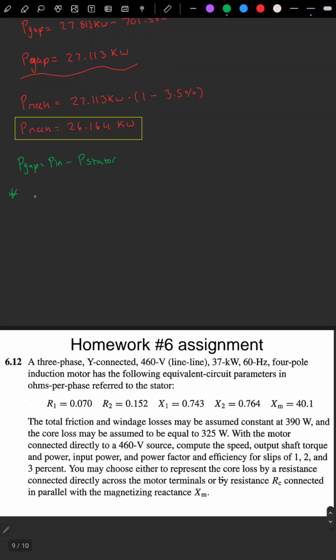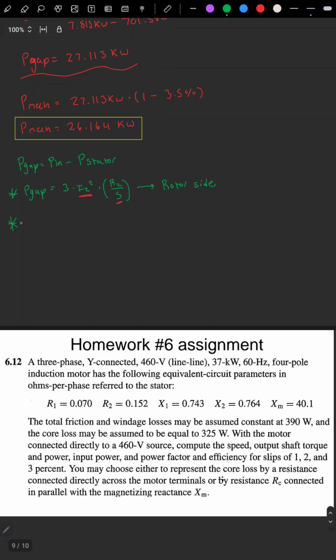The first is P-gap equals 3 times I2 squared times R2 over slip. And this one is basically reading from the rotor side. We know it's from the rotor side because it's I2 and it's dealing with the slip.